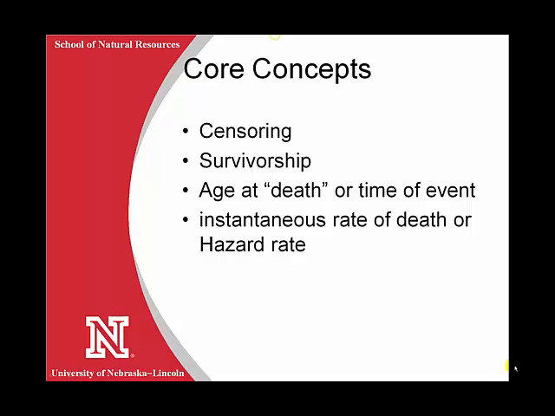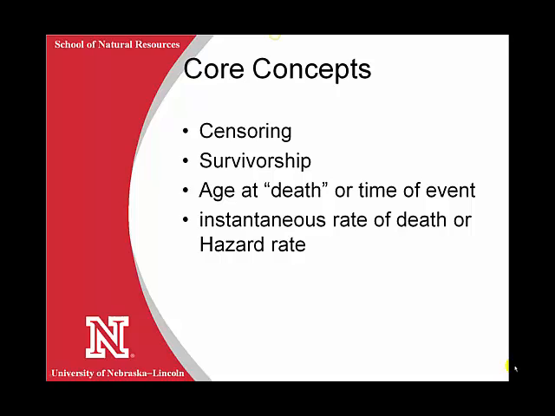There are four core concepts that are important to think about when you're dealing with this kind of time-to-event data. The first is censoring, which arises for a whole bunch of different reasons, but basically means that you don't know exactly when the event occurred.